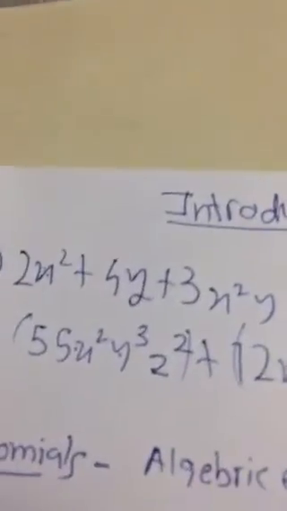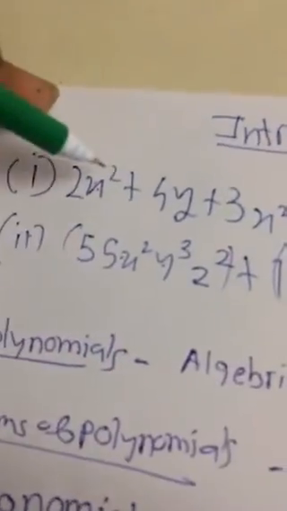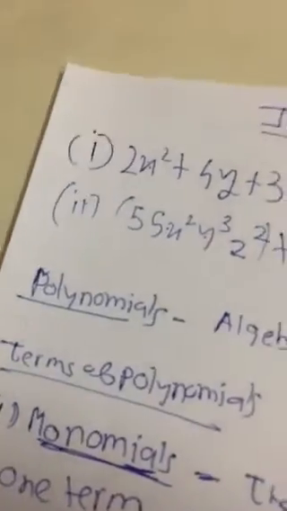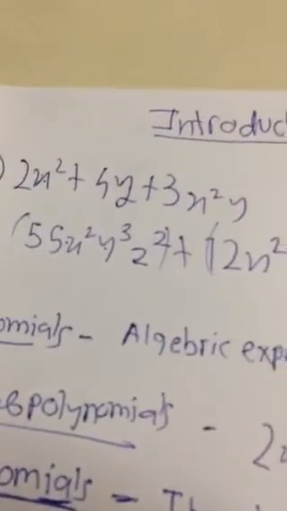Let's go back to the example of algebraic expressions. Observe 2x square plus 4y plus 3x square y. Here there are three different terms, so this expression is a trinomial.